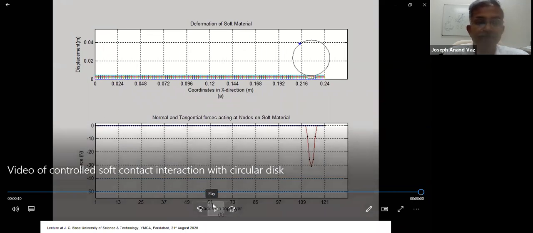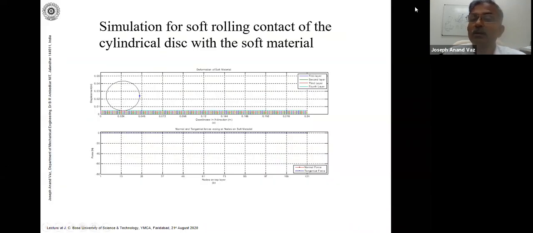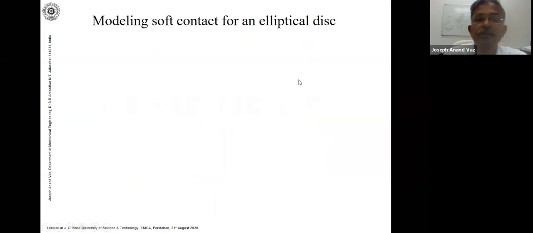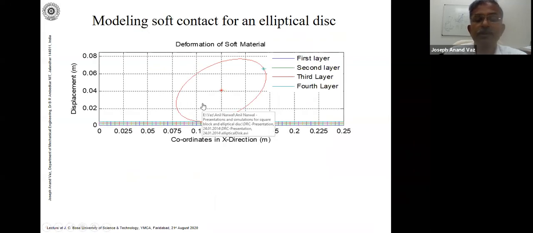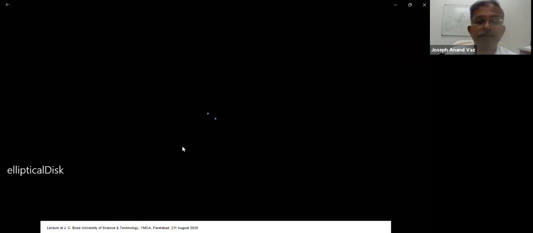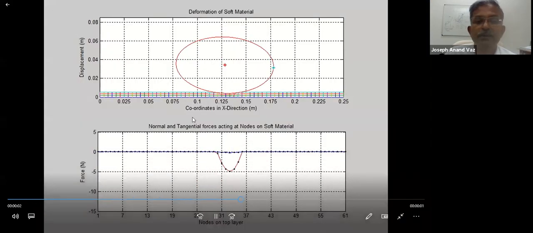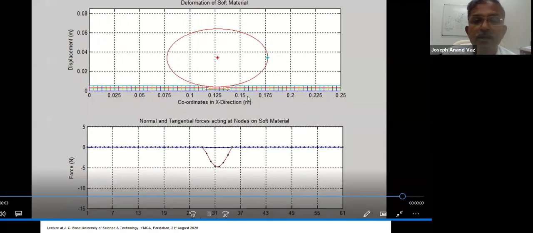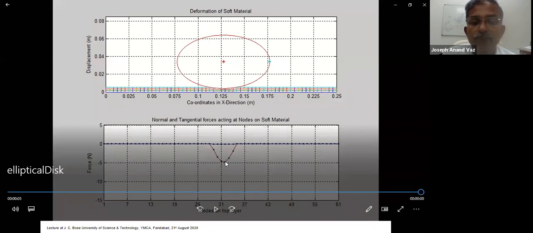Similarly, we also have another example where we're dealing with this ellipse, and you can see how the force profiles change.